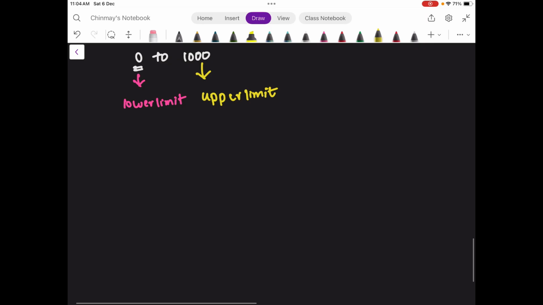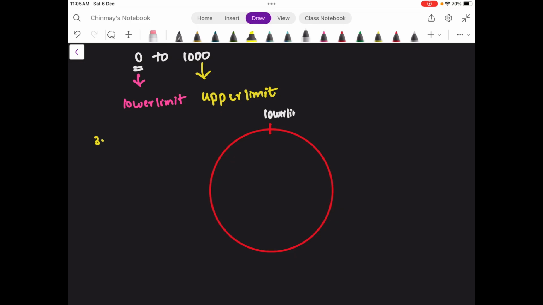Now, this consistent hashing has a ring. 0, that means the lower limit, will be placed here, and the upper limit will be placed here.